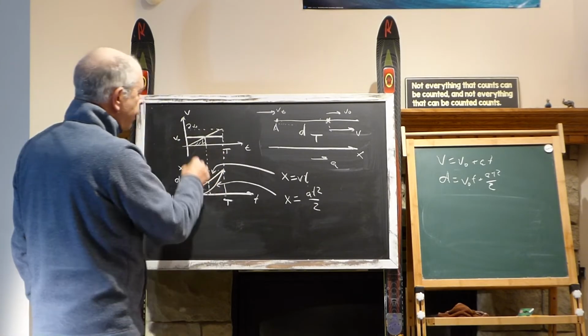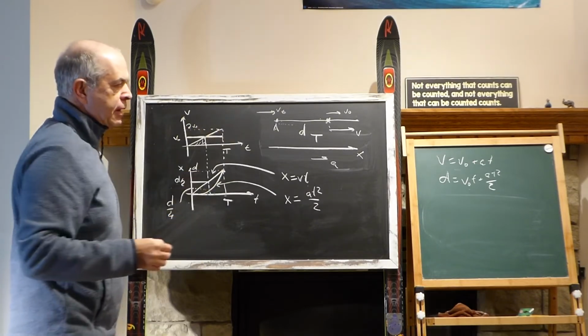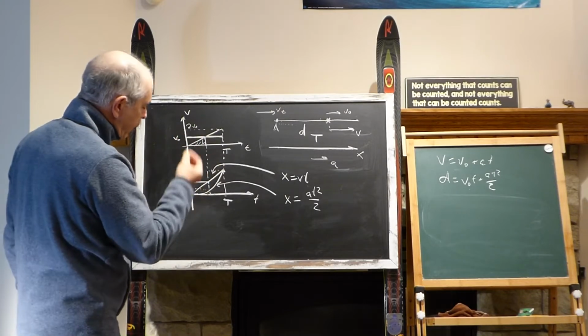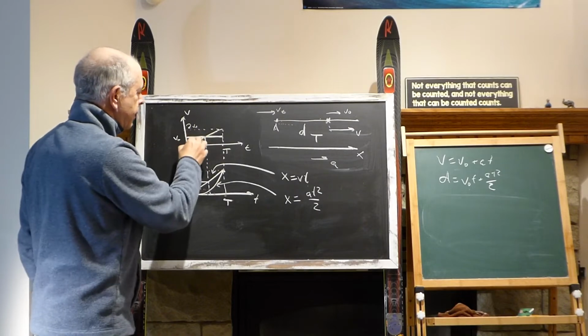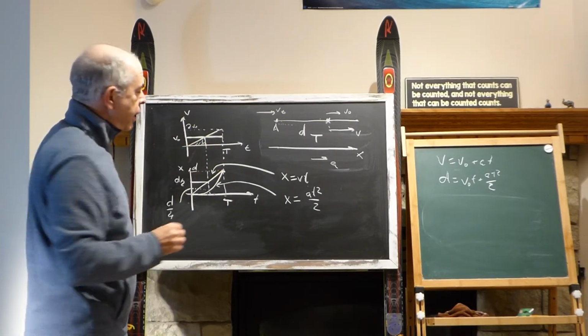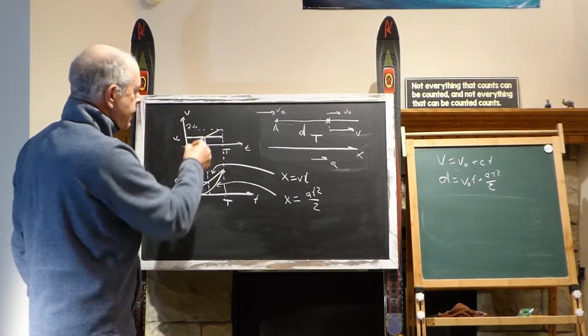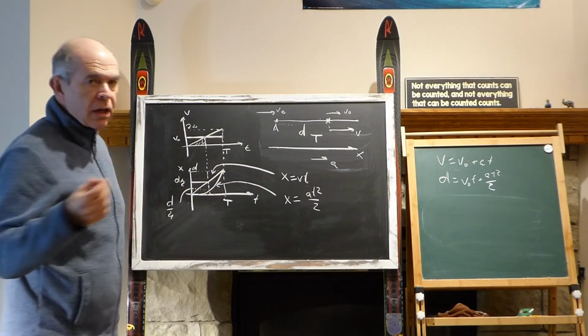So the car covered half of the distance the bicycle covered, and the bicycle was moving faster all the time, because v at any point was bigger for the bicycle than for the car. Finally, the car accelerated to the point where the speed is the same, and now the car starts to catch up.